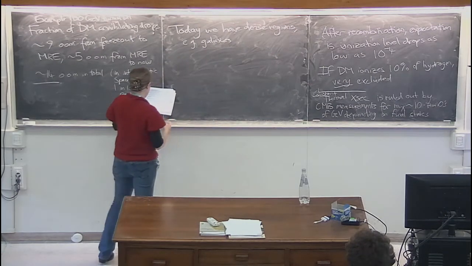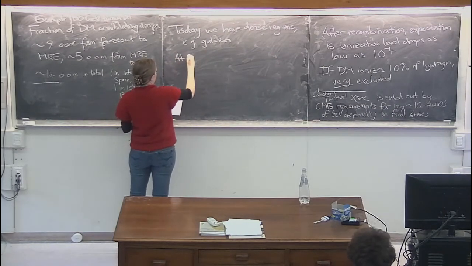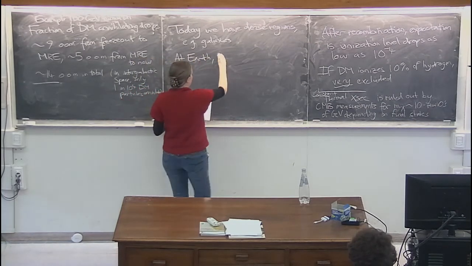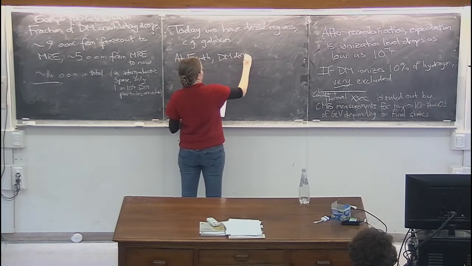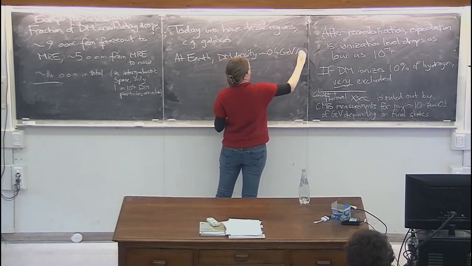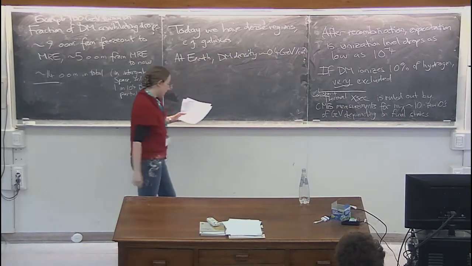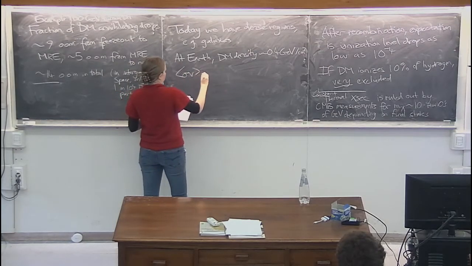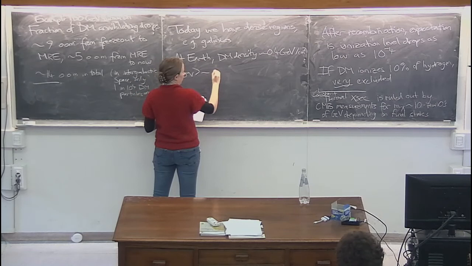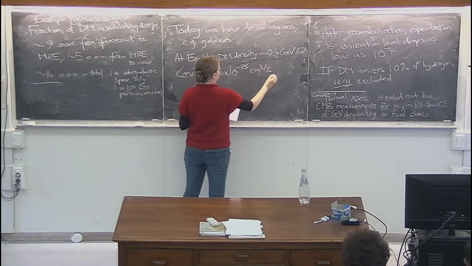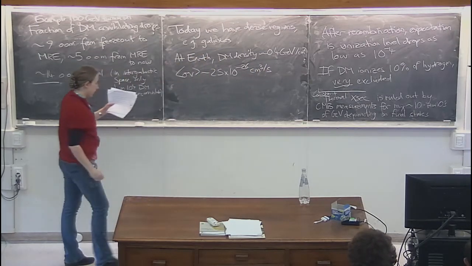So if you look at Earth, the DM density is about 0.4 GeV per cubic centimeter. You can take the thermal relic cross section, sigma v, which is around 2.5 times 10 to the minus 26 centimeters cubed per second.